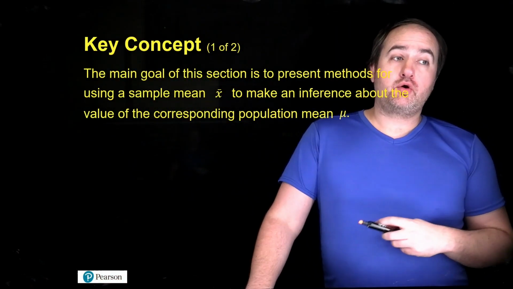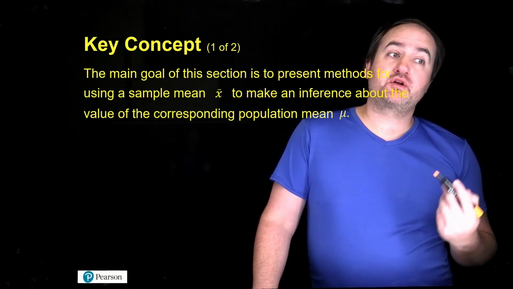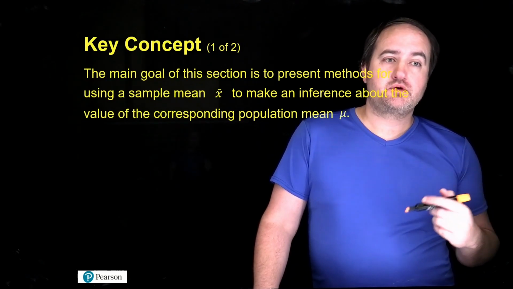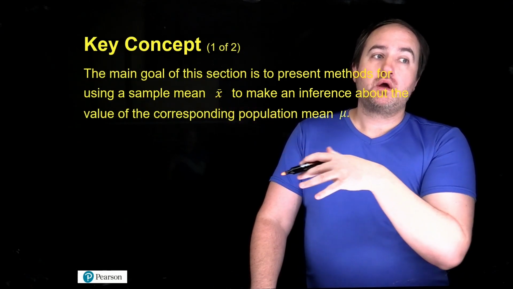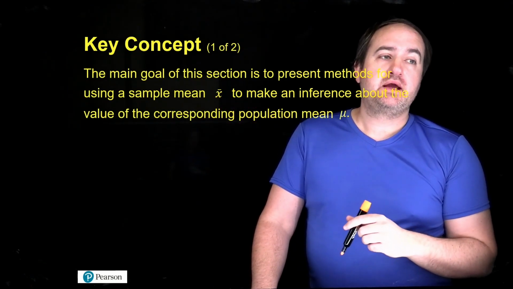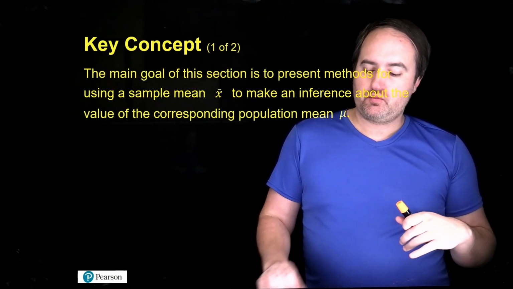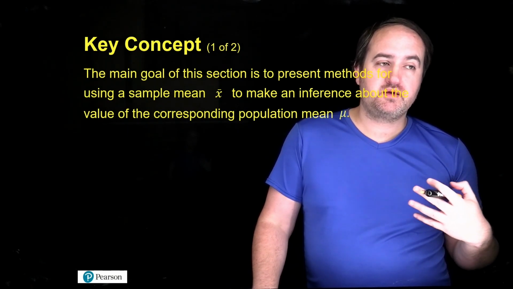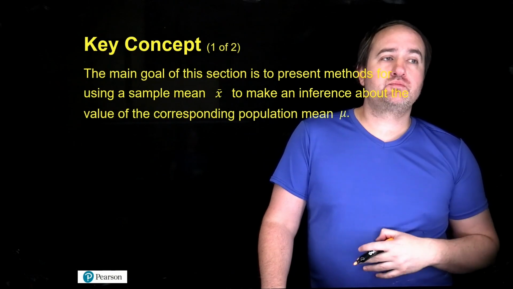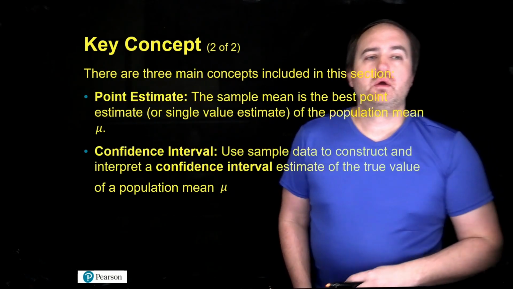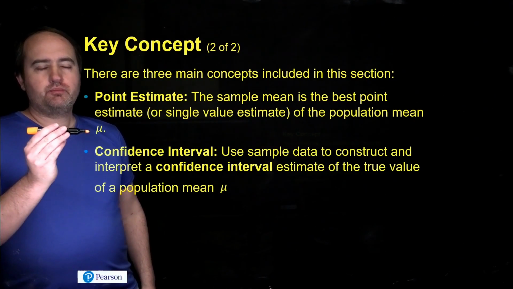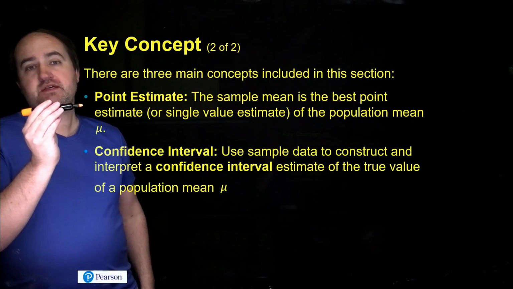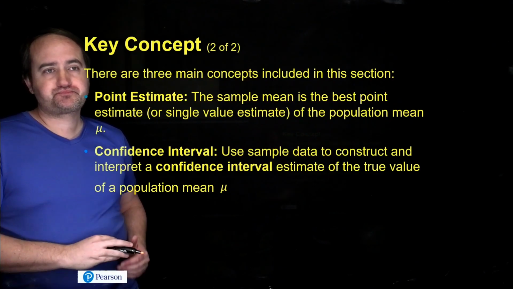Okay, but our goal here is still going to be to construct a confidence interval. So remember, your point estimate, which is x bar, is just a rough guess, and then the confidence interval will be a more educated guess, where obviously we have to do more math. So the best point estimate for mu is the sample mean, which is x bar.